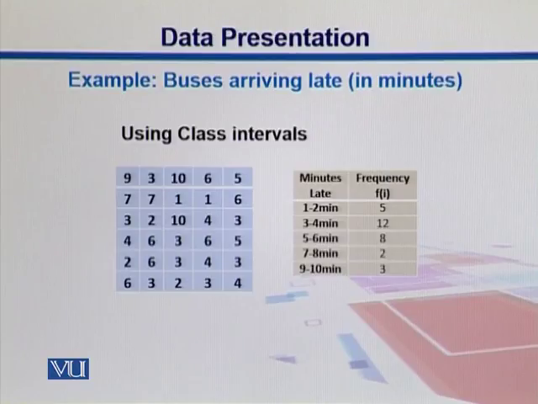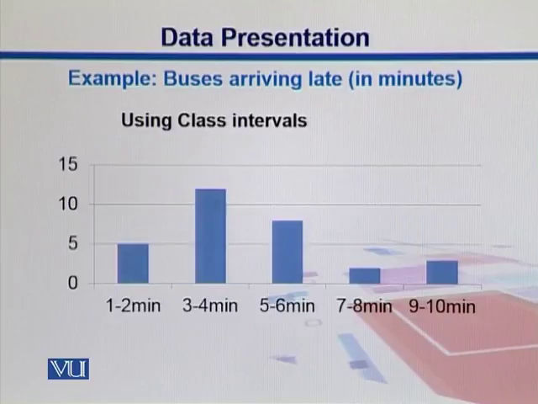Here we can have intervals like 1 to 2, so anything from 1 minute, including 1 minute, up to 2 minutes is put into that category. Rather than distinct numbers on our x-axis, we define these classes: 1 to 2 minutes late, 3 to 4, 5 to 6, 7 to 8, and 9 to 10. When we put them together, it looks like this.